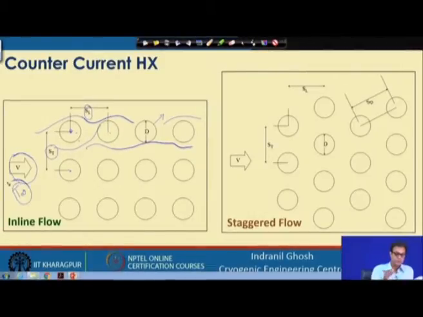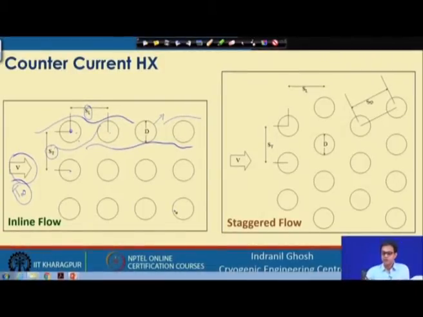Let the fluid be flowing at a temperature T infinity. This is the inline flow, where the tubes are arranged one just after the other, all of them in line. So this is called the inline configuration.